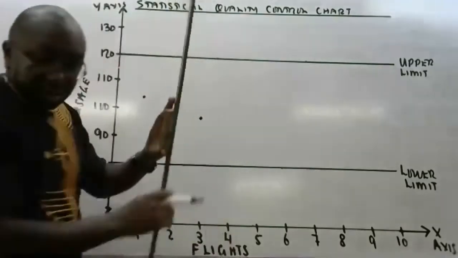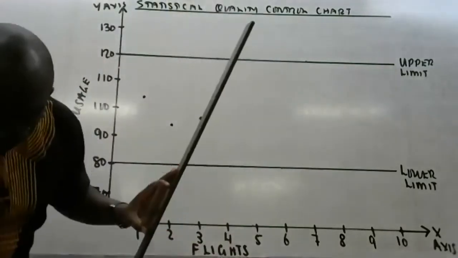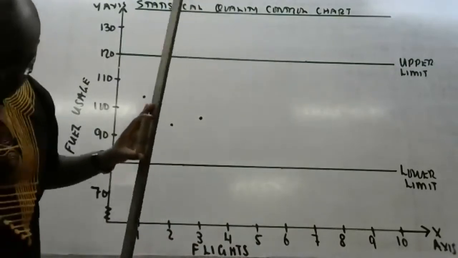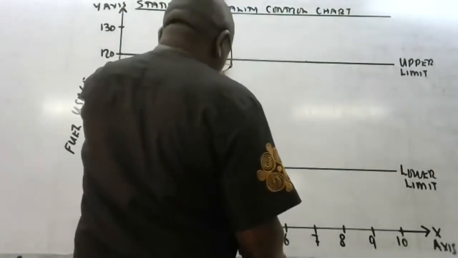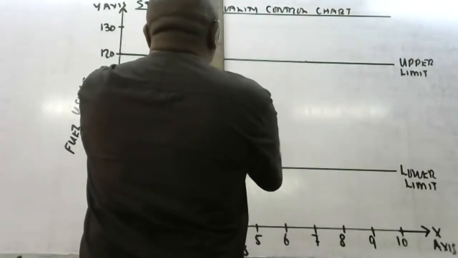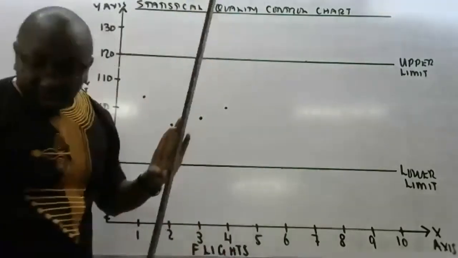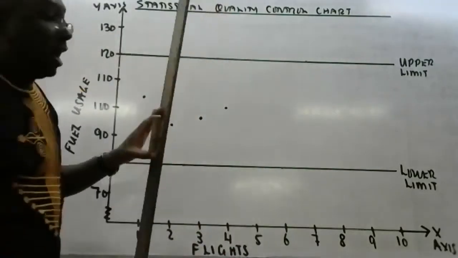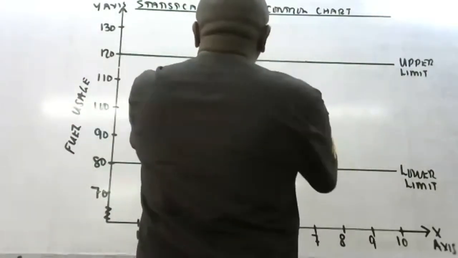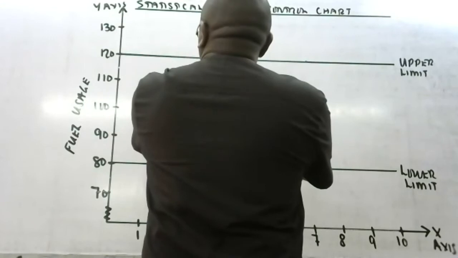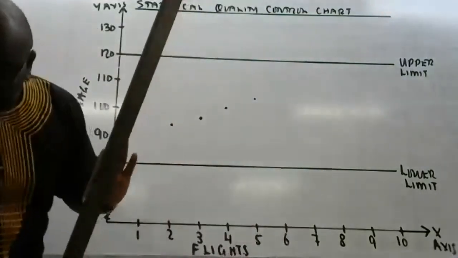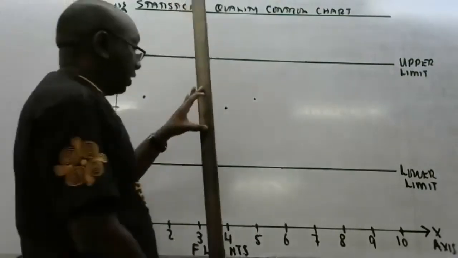After 97, I have 101. So 101, my 100 is here. So 101 is here. After 101, I have 105. So my 105 is here. There. Huyo mwingine ni 107.